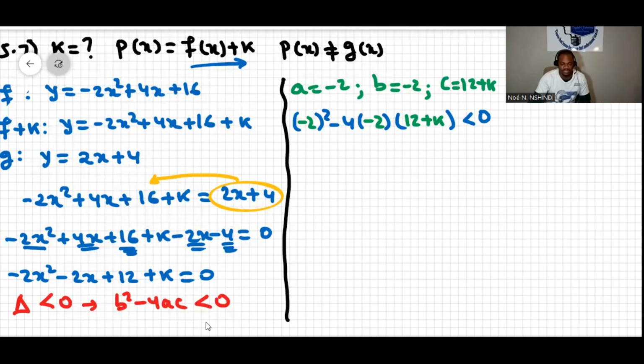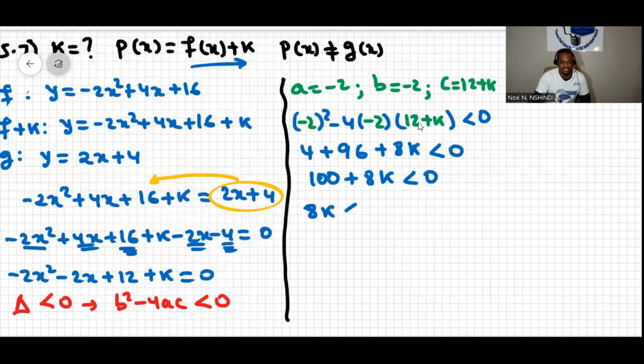So this will make what? 4 plus 96, because I did negative 4 times negative 2 is 8. 8 times 12 is 96, and then 8 times k is plus 8k, must be lesser than 0. Now that makes 100 plus 8k lesser than 0. So if I move 100 over, 8k would be lesser than negative 100.